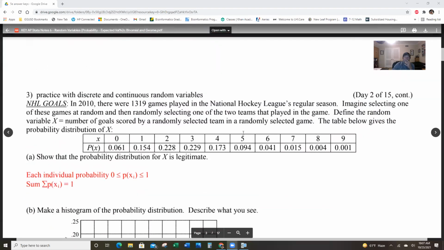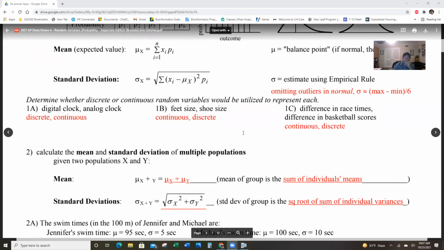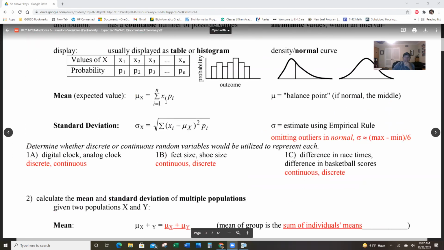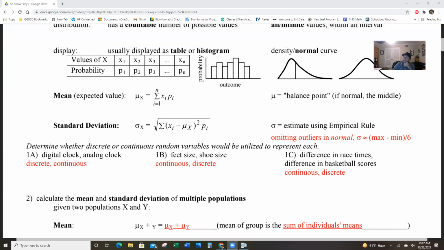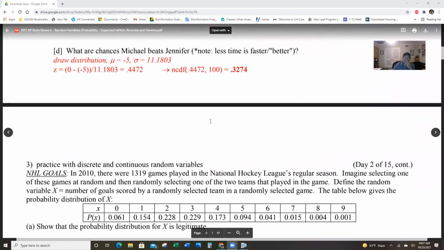Okay, the formula is way back up here. Okay, it was this one, and I'll circle it for you at the beginning here. It was every individual X multiplied by every individual probability added up. That was the mean of a discrete random variable. No problem. So let me show you on this.